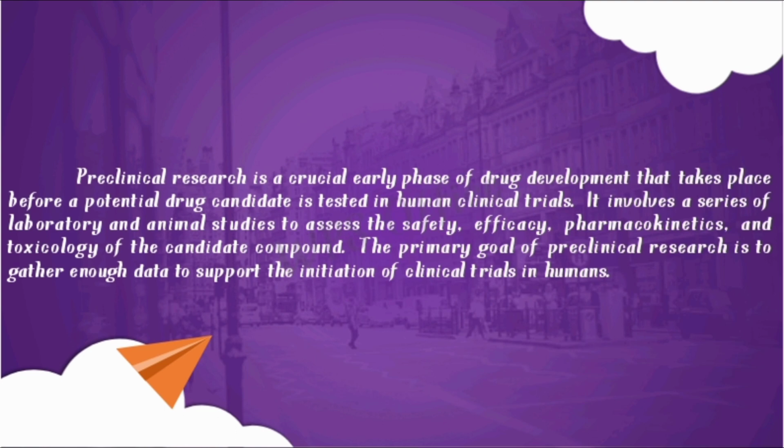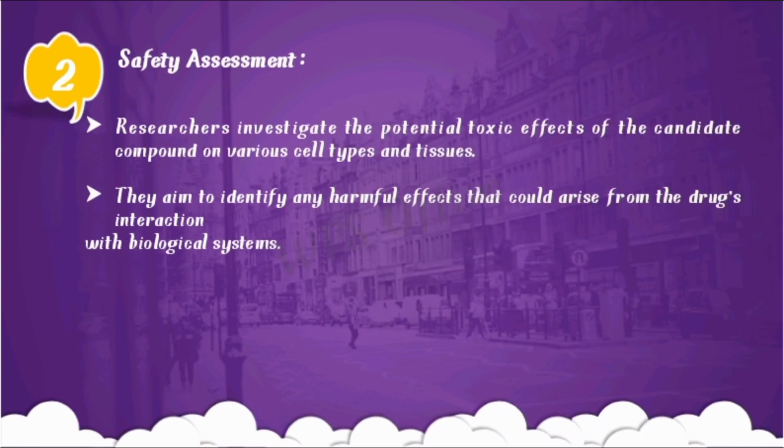Before it goes to human clinical trial, it involves laboratory practice, and the drug is tested in animals to assess the safety, efficacy, pharmacodynamics, kinetics and toxicology of the drug compound. The primary goal of preclinical research is to gather enough data to support the initiation of clinical trials in humans. And the second step is safety assessment.